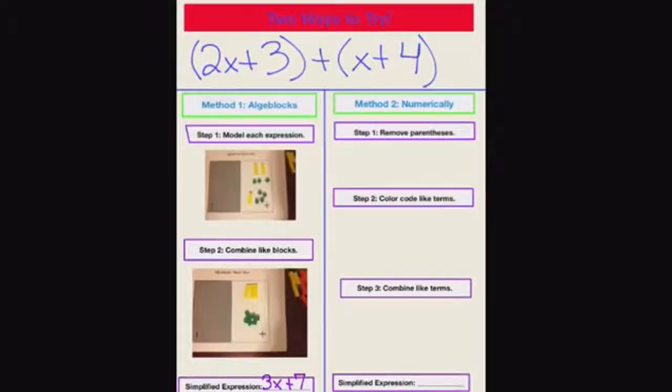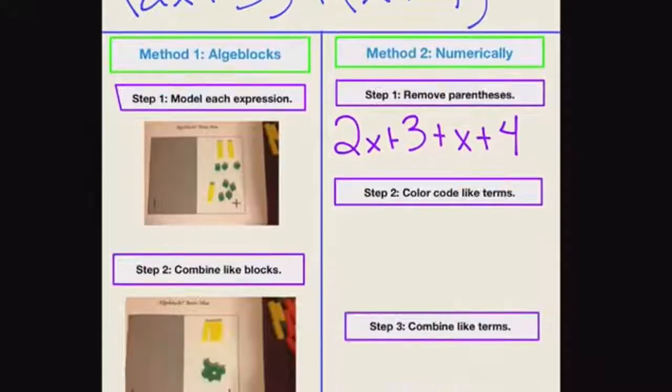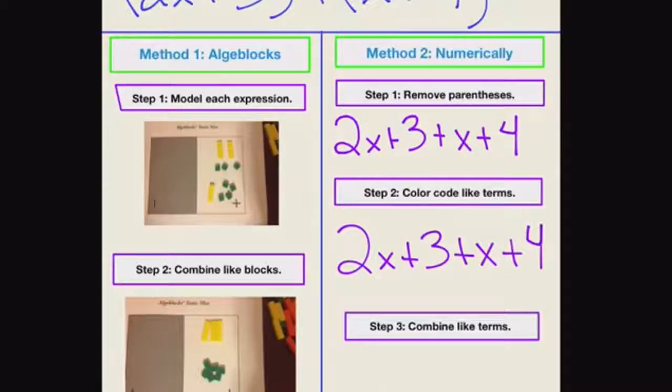Now we're going to try the same expression numerically. When you're adding linear expressions, the first step is to just go ahead and remove those parentheses. So I'm going to rewrite my expression without my parentheses: 2x plus 3 plus x plus 4. The next thing we're going to do is color code our like terms. Yes, color coding is back. Get excited. I know I'm excited.